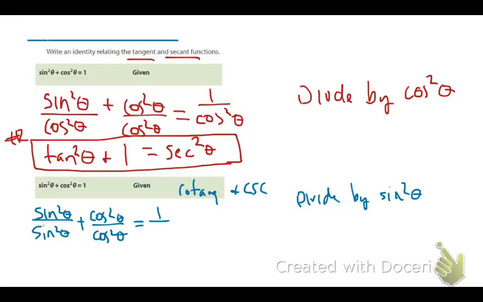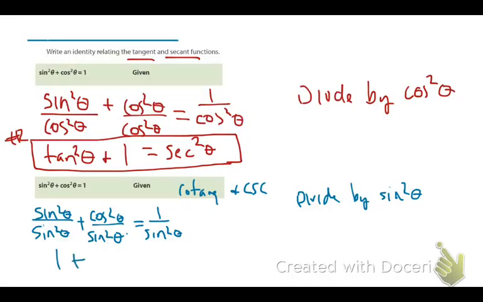A sine squared theta divided by a sine squared theta would equal what? 1. Those would cancel and go to 1.